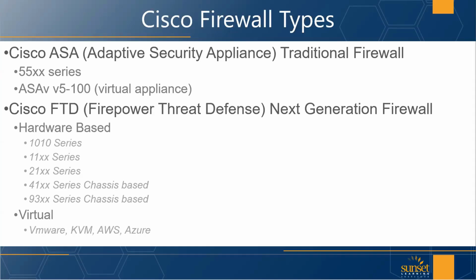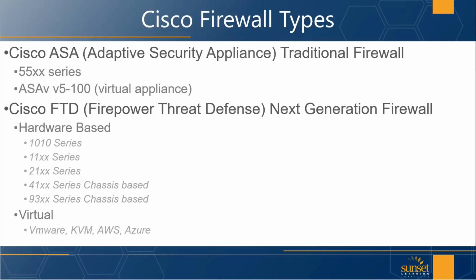In the next generation firewall piece, we have hardware based, which is our 1010 series, 1100 all the way through 9300s. And then I have virtual firewalls that we can run locally on VMware or KVM, or in the cloud, we can run it in AWS Cloud or Azure Cloud. So we have all these different firewall capabilities. Okay.